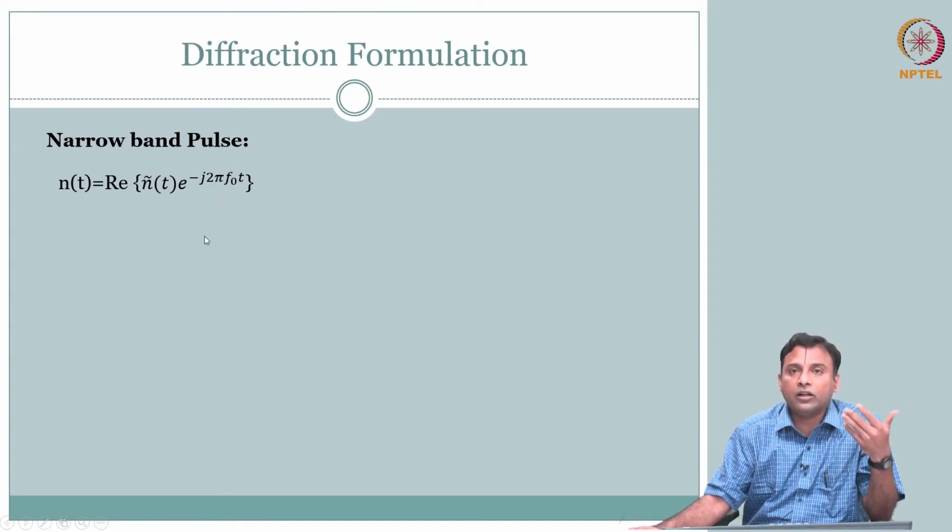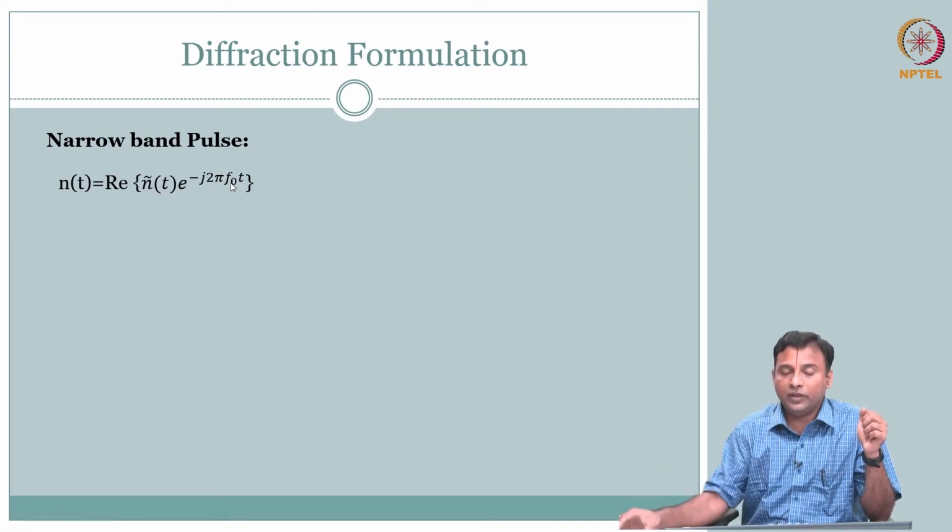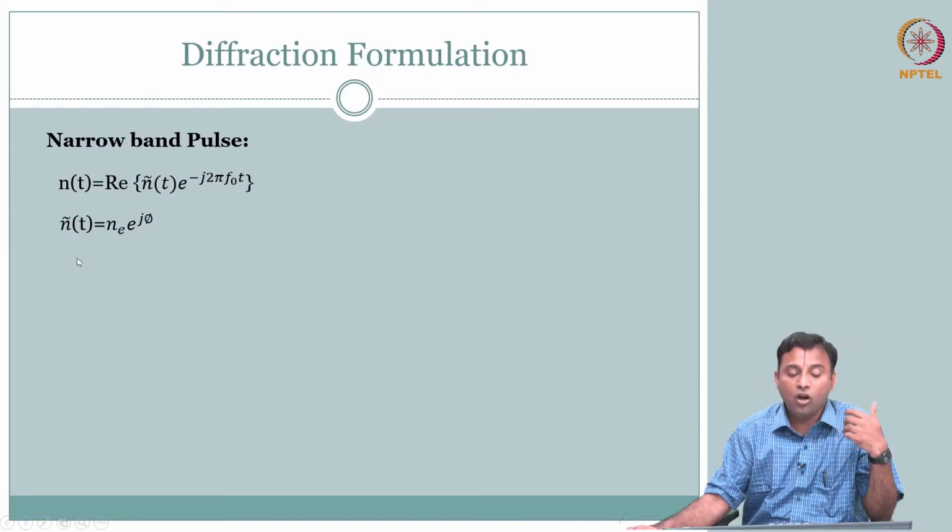You are going to write the wave because it has a frequency, the resonance frequency of the crystal. We are going to write that resonance frequency, but also in terms of the envelope. So, this n tilde of t is nothing but the envelope of the signal, and there is a phase of this envelope.